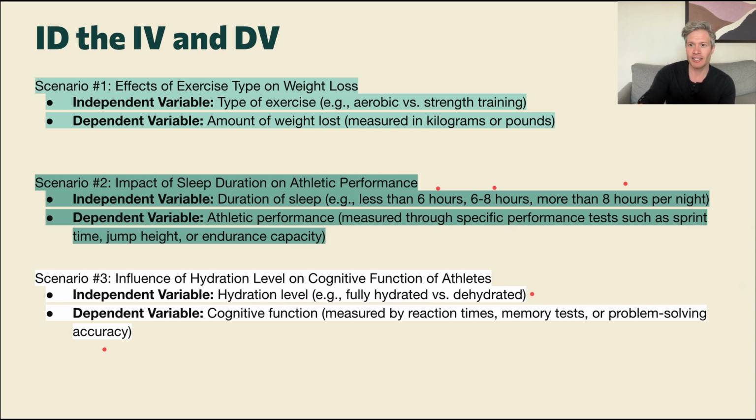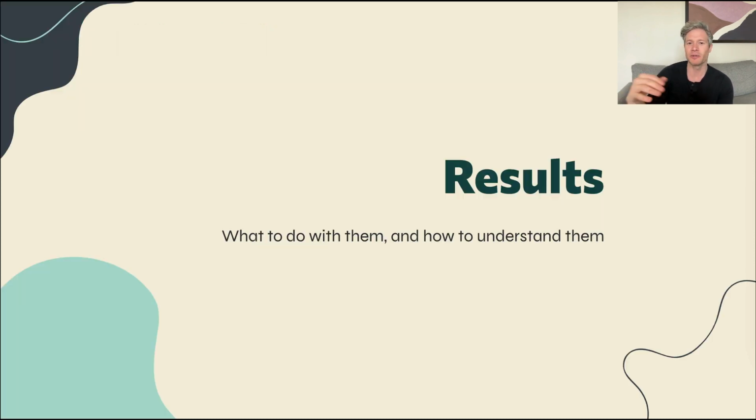Okay, great. So once we have designed our experiment, we can run it, and then, of course, we get our results. So what do we do with our results? Well, there's a lot of statistics and some math stuff that we'll typically need to know or do. In this course, we don't actually have to perform those functions.